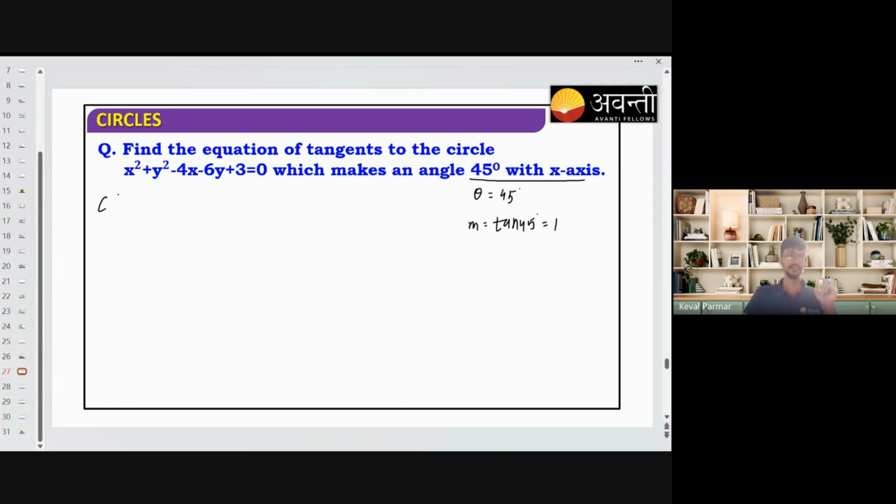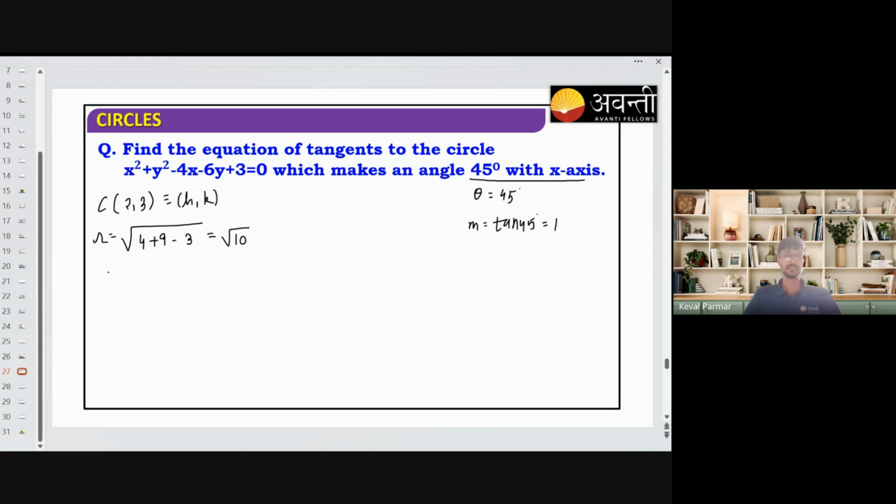Get the center. Center कैसे मिलता है? It will be 2, 3, which is basically h, comma k. Let's get the radius. Radius is under root of g square plus f square minus c, which is, I think, root 10. Correct? So what will the equation? We'll use again shift of origin.